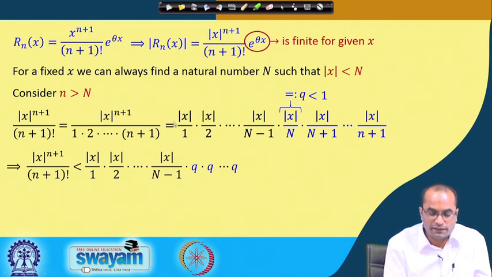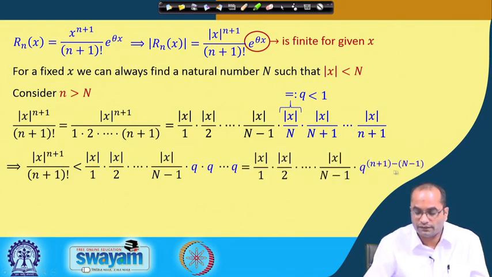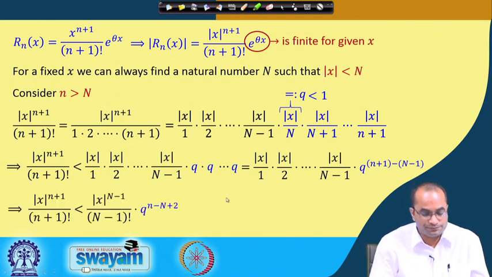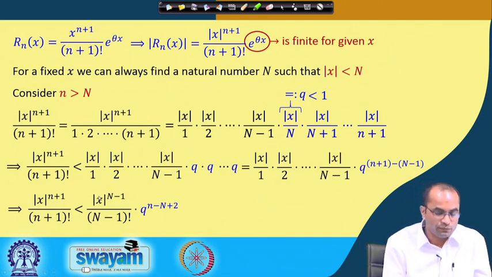N minus 1 terms are already there, and then the total terms were n plus 1. So, n plus 1 minus N minus 1, so this number here is n minus N plus 2, and modulus x to the N minus 1 over factorial N minus 1.